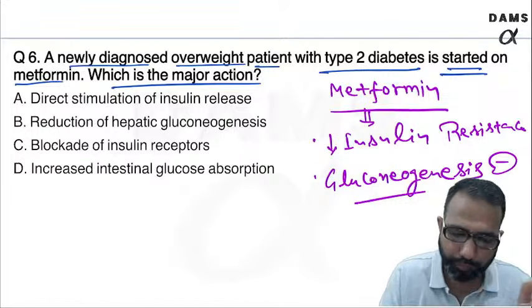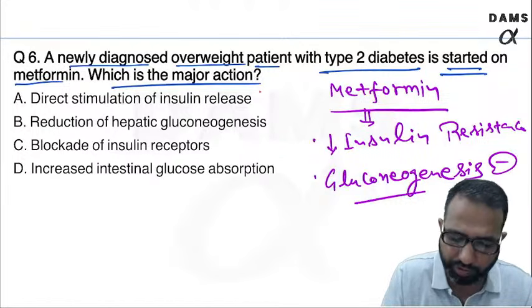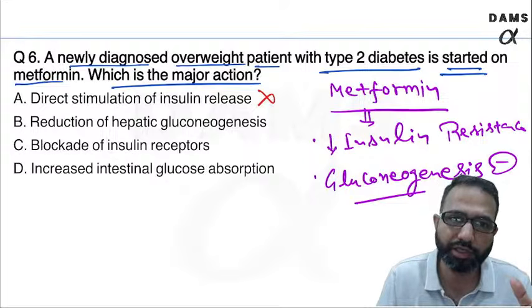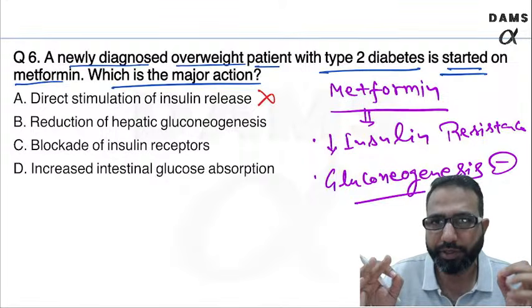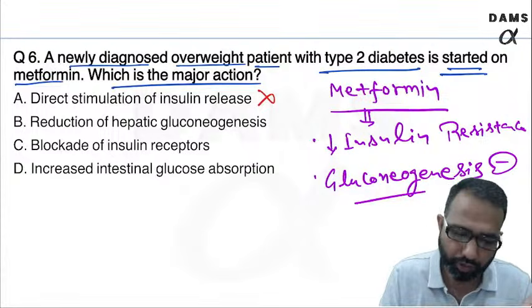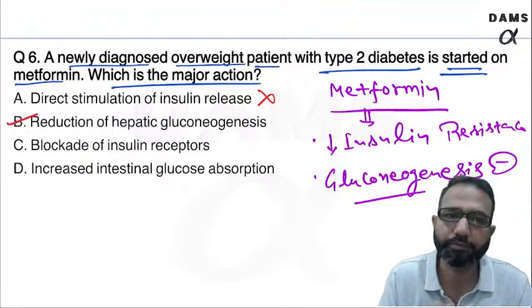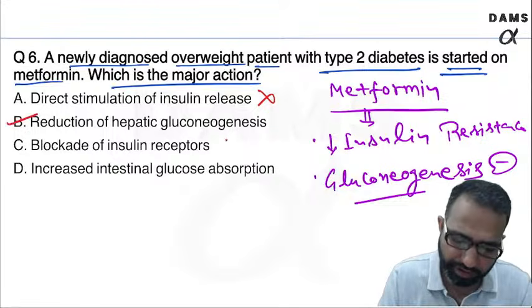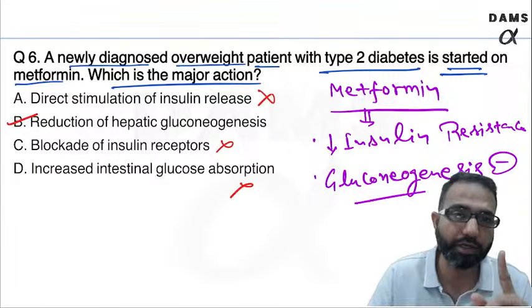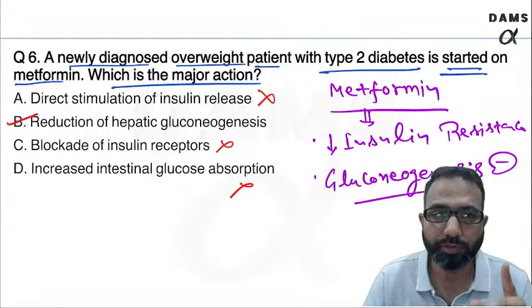If you see the options, direct stimulation of insulin release, obviously no, that is sulfonylureas. They act on the beta cells of the pancreas and are called insulin secretagogues. Reduction of hepatic gluconeogenesis, yes. Blockade of insulin receptor, no. Increase the intestinal glucose absorption, no. It suppresses glucose absorption, but the main effect is on the liver, to suppress gluconeogenesis.